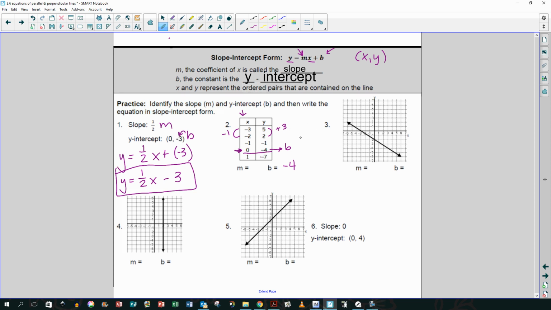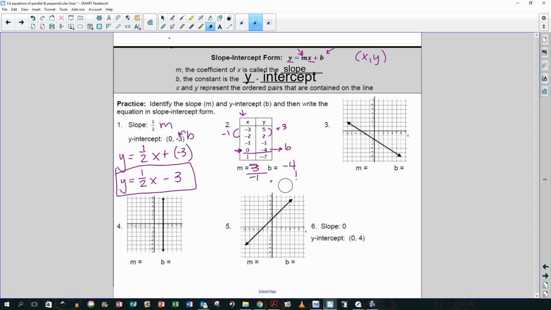So rise 3, run -1, meaning the slope is -1/3. Oh, I wrote that completely backwards.